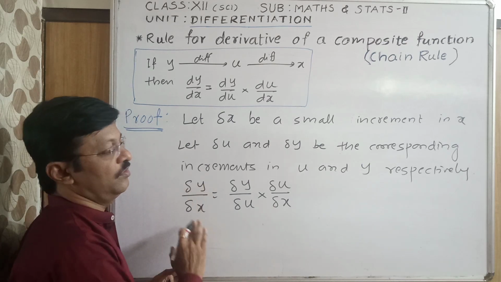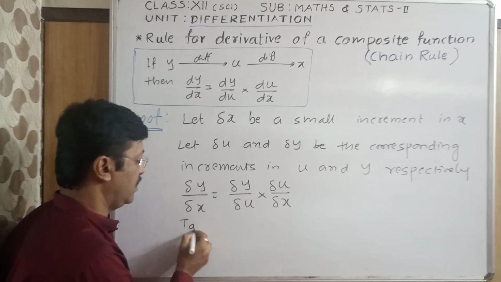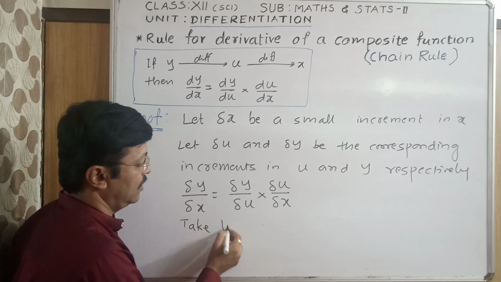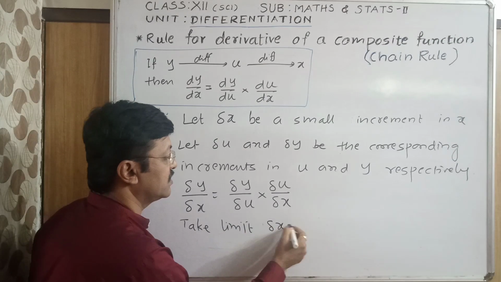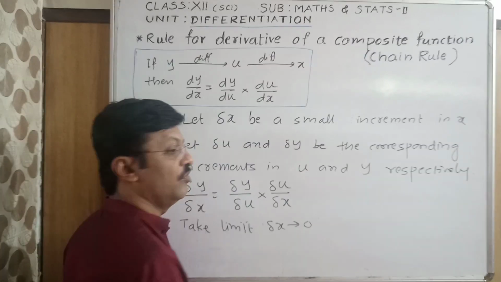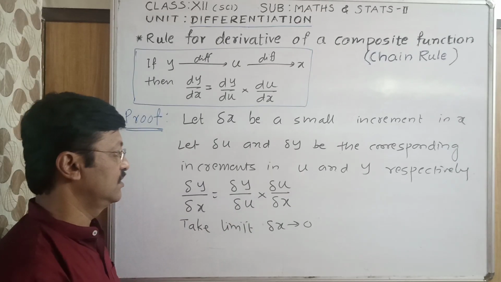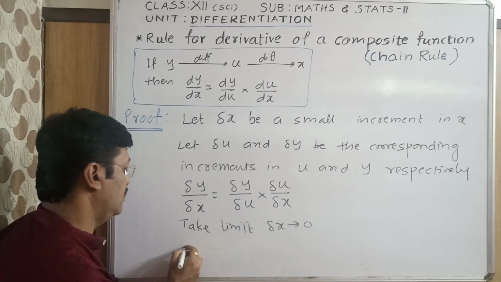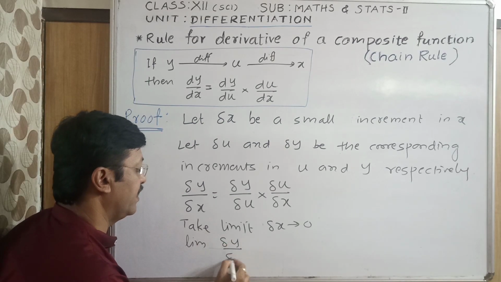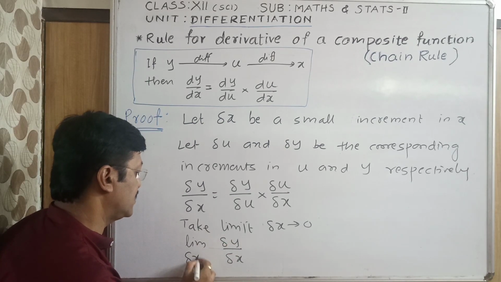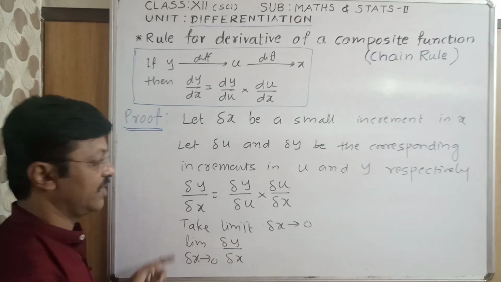Now we shall take a limiting condition: take the limit delta x tending to 0 on both sides. So the limit of delta y by delta x as delta x tends to 0 on the left side.